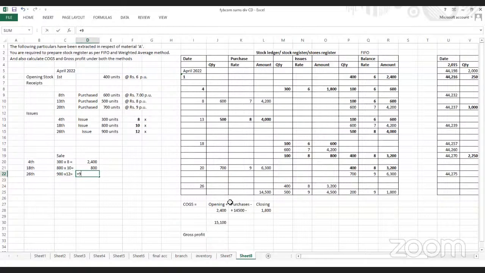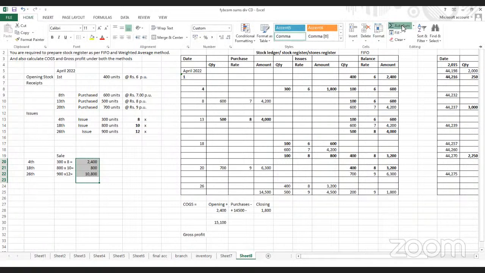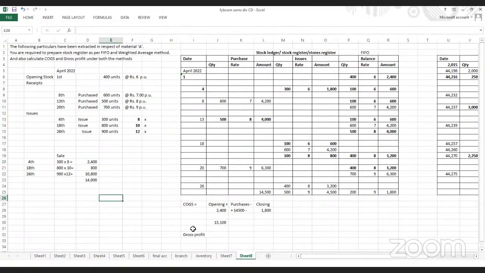The amount is 900 into 12. So total value of sales will be, add these three figures, 14,000.